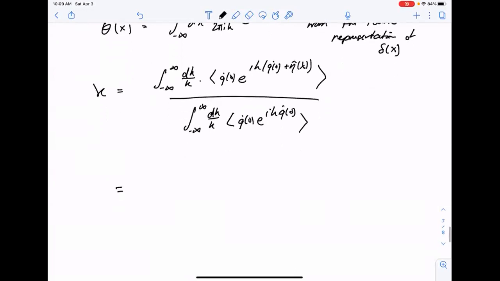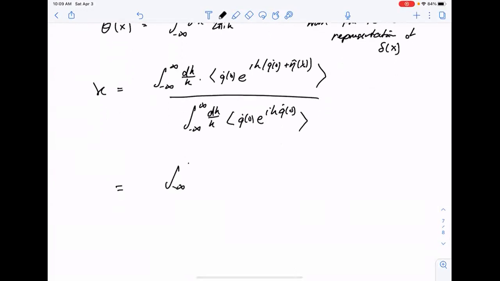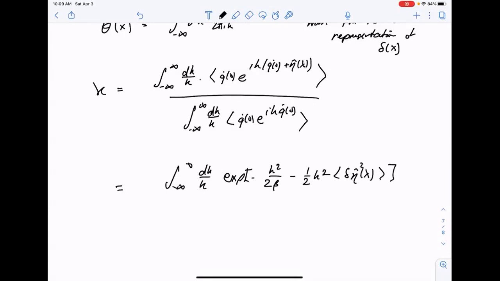It would yield the Fourier transform of e to the minus k squared over 2 beta minus 1/2 k squared, the variance of the noise evaluated at the Grote-Hynes frequency, divided by the Fourier transform of 1 over k. Oh, no, k's come out.